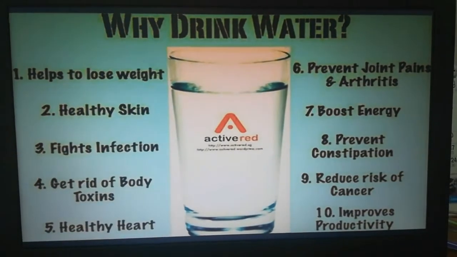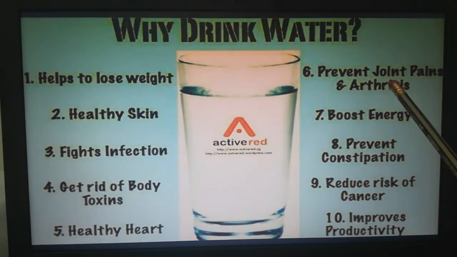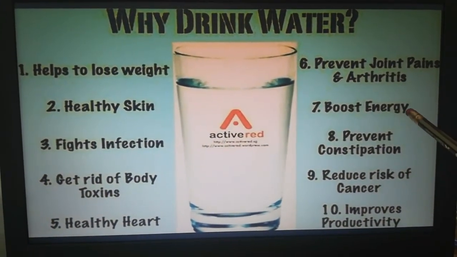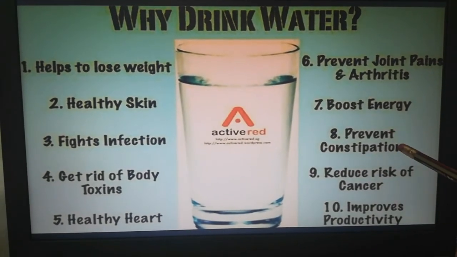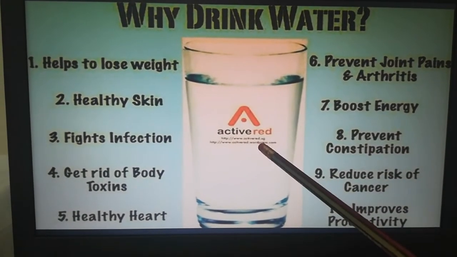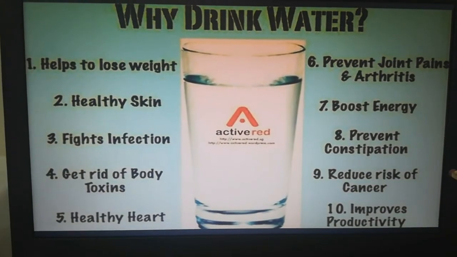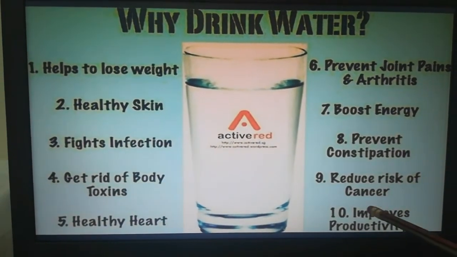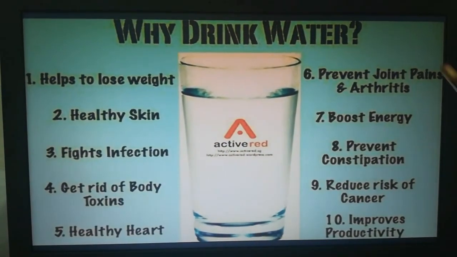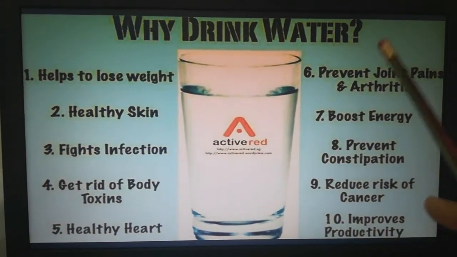It prevents what? Joint pains and arthritis, and it provides energy. It prevents constipation. It reduces the risk of what? Cancer, and improves what? Productivity. Because of all these reasons, we have to drink plenty of water.